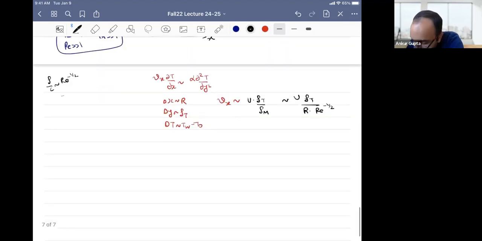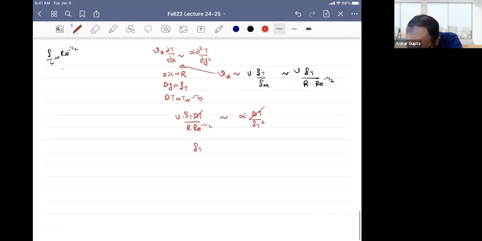We substitute this back, and then we'll say U delta T by radius, Reynolds number to the power of minus half, is similar to alpha capital delta T. The delta T here and the capital delta T go away.